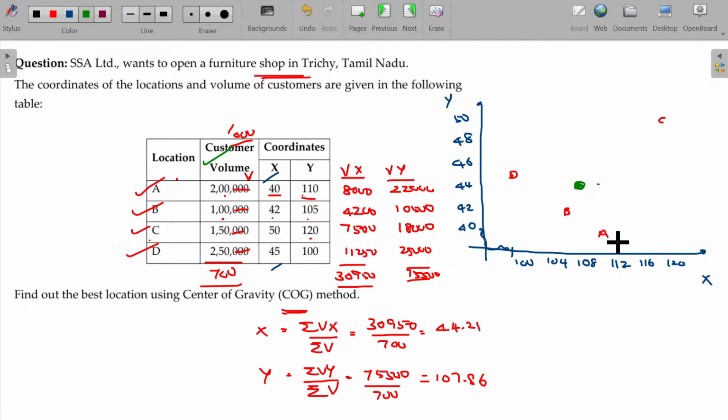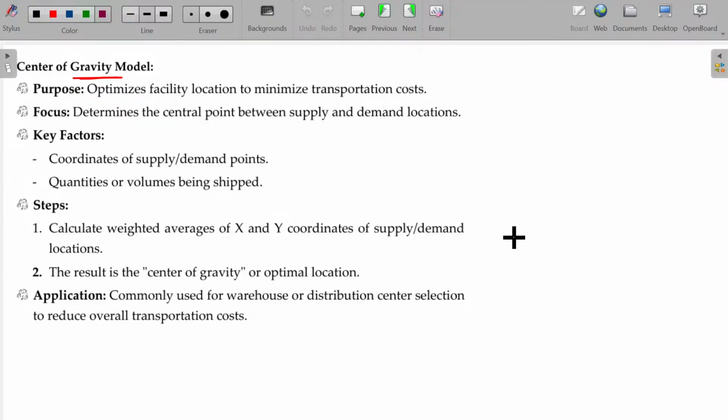In this case we have the volume only 200, and in B we have only 100, in C we have 150, here we have 250. So not only the exact place, we have to consider the volume it handles. Based on that, the center point will be this one, and you can choose any place near to that dot.